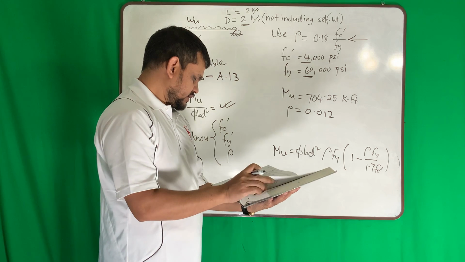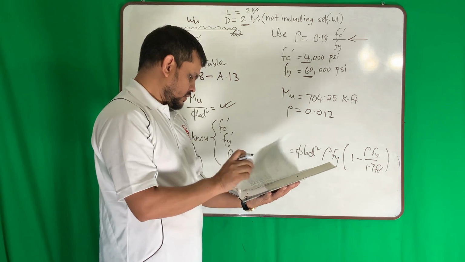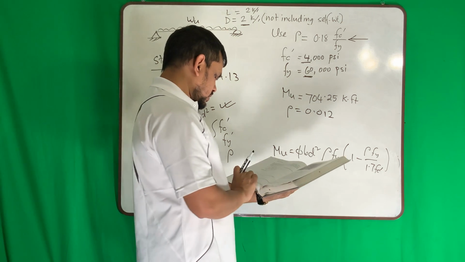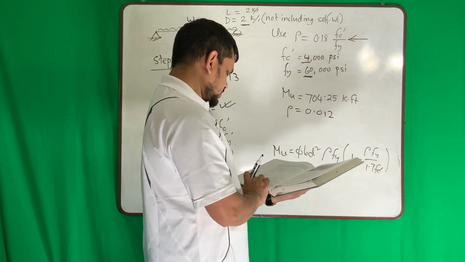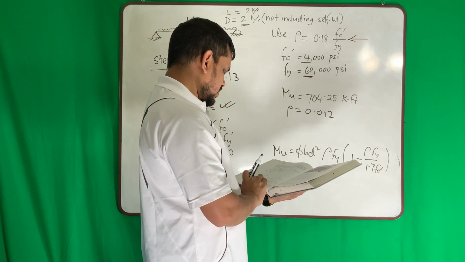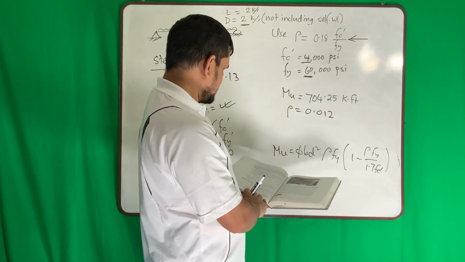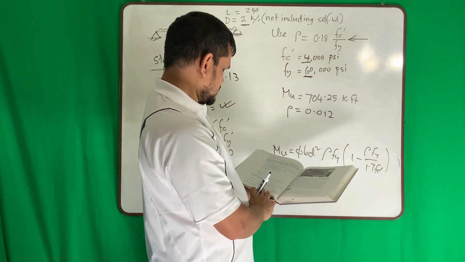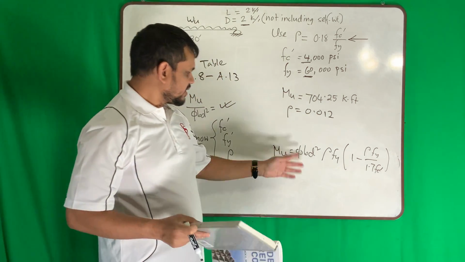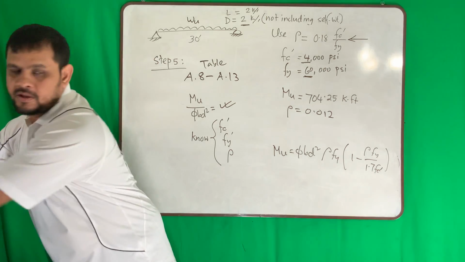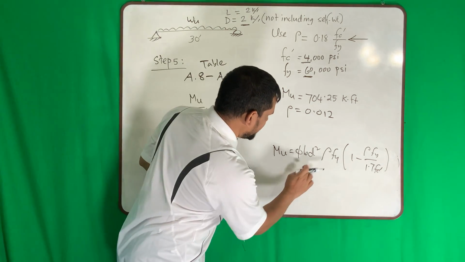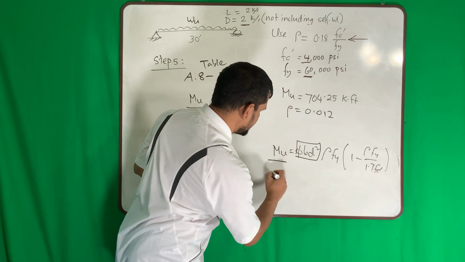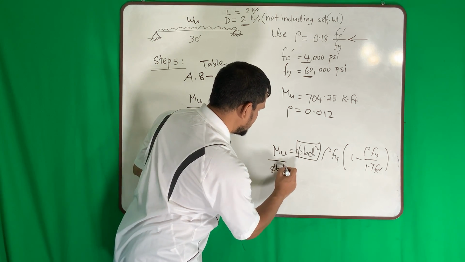Which chapter is it? Rho b d squared. Yes, it is right. Is it magic? No. For some reason, whatever I wrote, it is right. Okay, so if I bring this portion here, so rho b d squared.